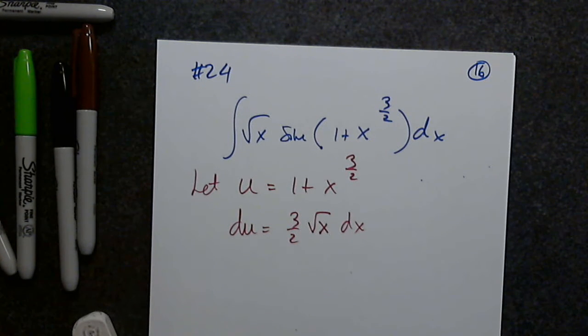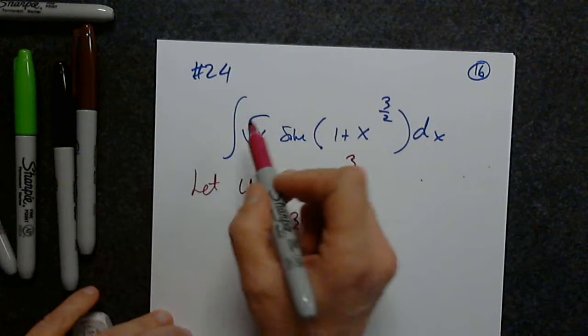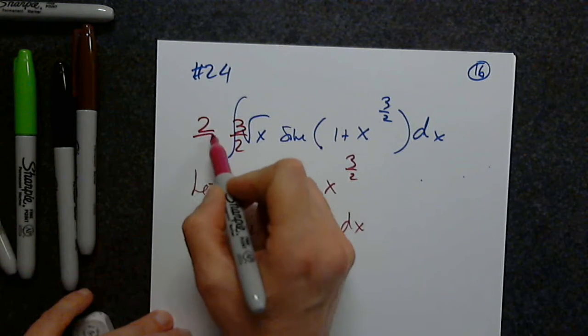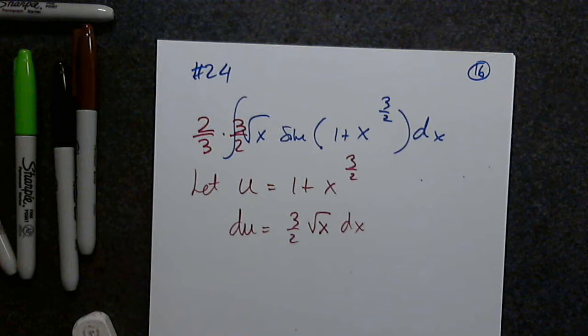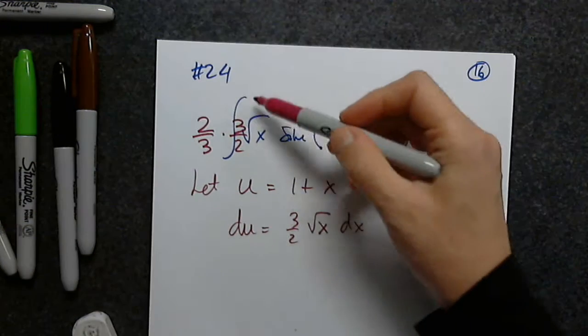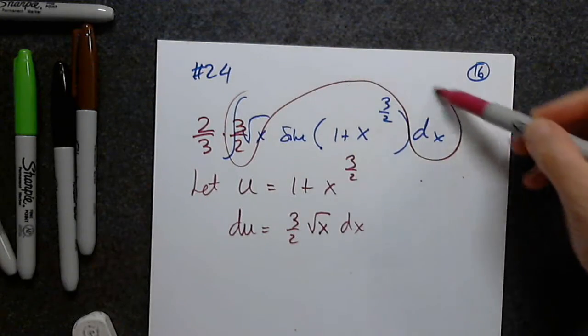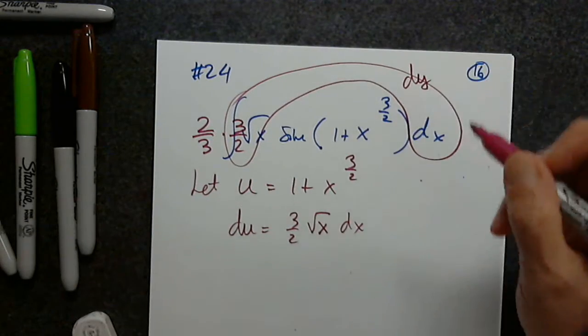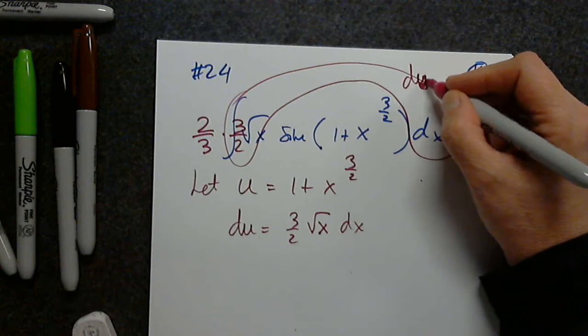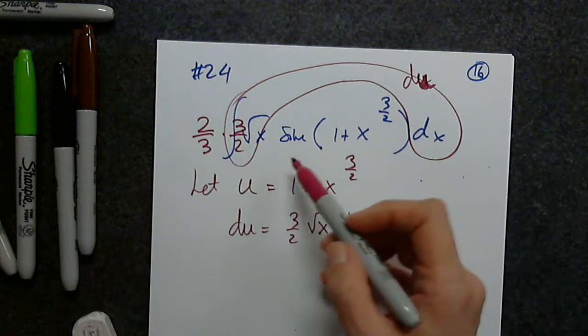Excellent. I have it. As long as I put the 3/2 and the 2/3 in front, 2/3 times 3/2 is 1. And I found my du. Oops. du, it's u. And then what is this?